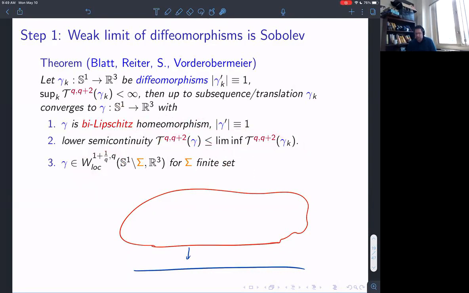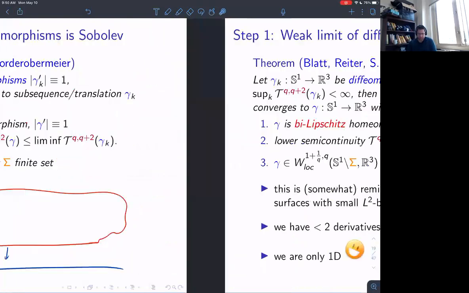For the lower semicontinuity, these finitely many points have low enough capacity that we can remove them for these purposes, but not for the Sobolev estimate, which is very annoying. We don't get that the limit is globally Sobolev, which I cannot believe it's not, but I cannot show anything here. Anyway, so when we look at a minimizing sequence, we know it converges to a homeomorphism. That's doable. That's what we did here.